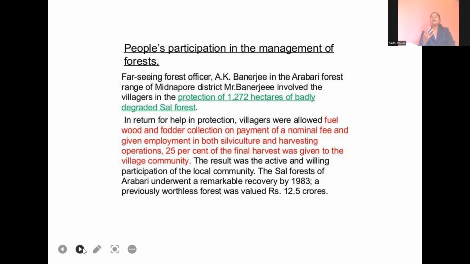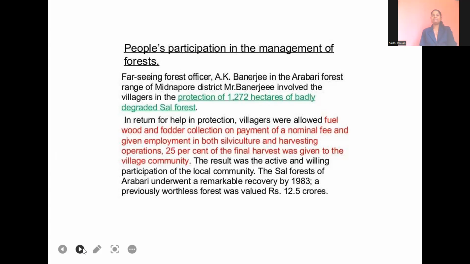With the help of villagers, he opposed the cutting down of the sal forest, about 1272 hectares. As he got help from the villagers, he also helped them by giving them opportunities: employment, some amount of profit from the silviculture harvest, as well as wood and fodder.